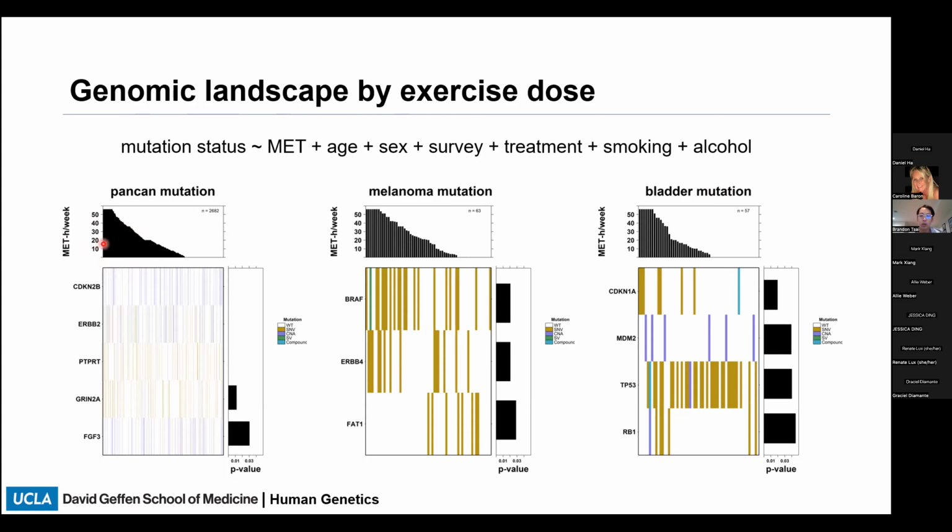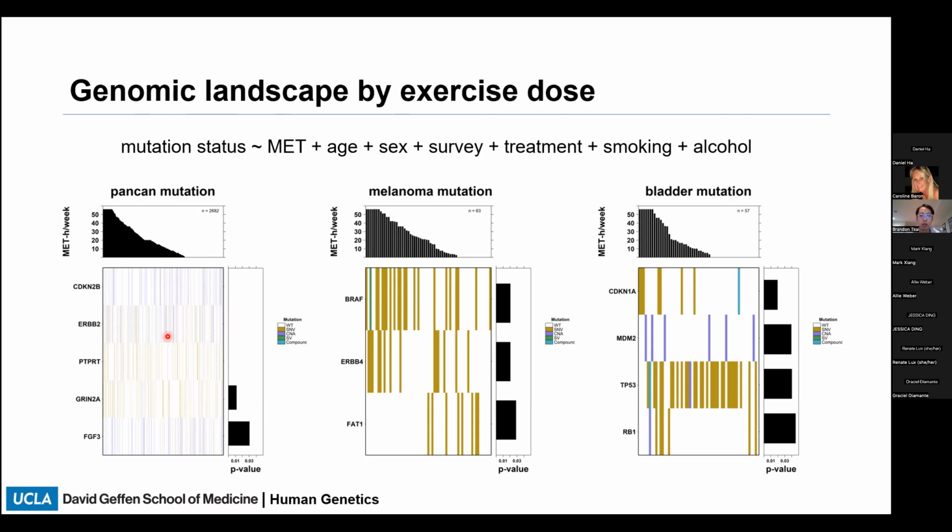So each row is a gene with mutations, and the color indicates what type of mutation is present. So lastly, the p-values are in this bar graph to the right. And so, for example, here, CDKN2B has more mutations among patients with less exercise, and these mutations tend to be CNAs, which are purple.